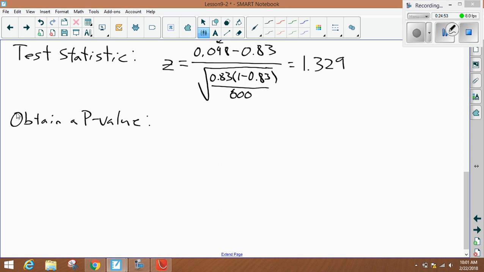We're looking at the probability that p is greater than 0.083, which is the same thing as the probability that z is greater than 1.329.